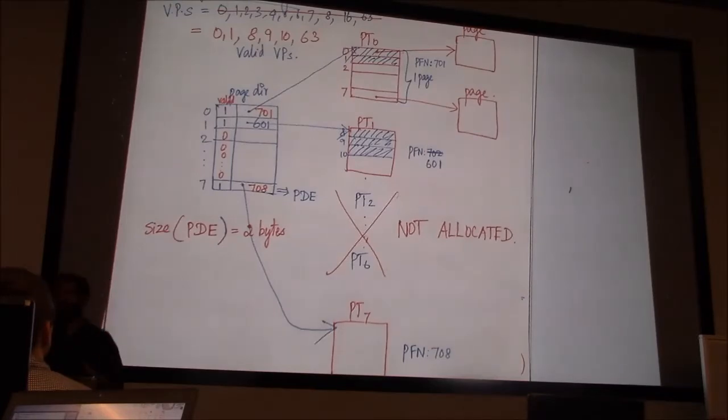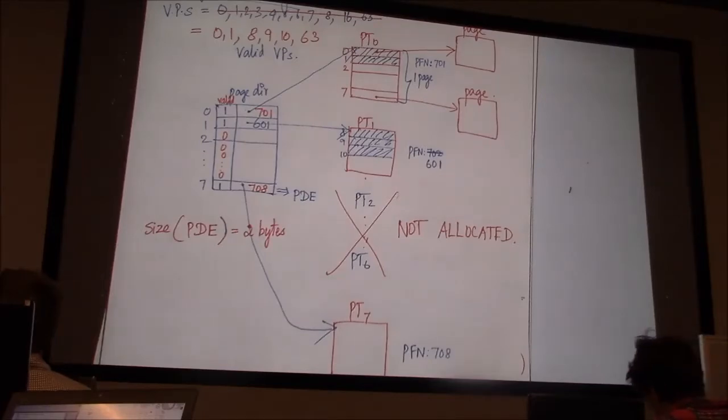I'll give 30 seconds for everyone to think. Can we use more memory in this 2-level page table in some scenarios when compared to a simple linear page table?